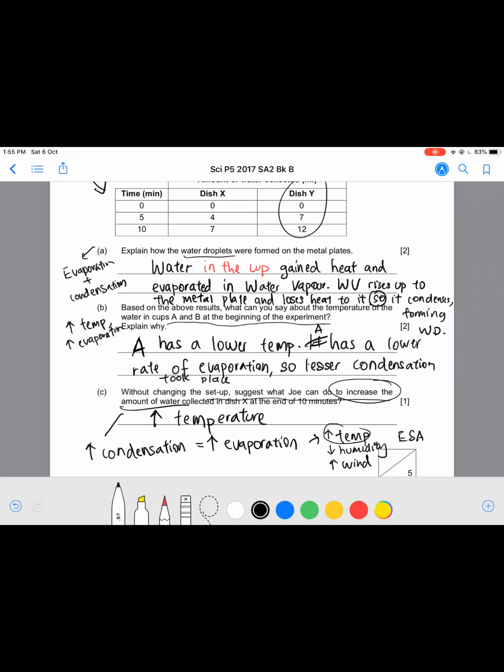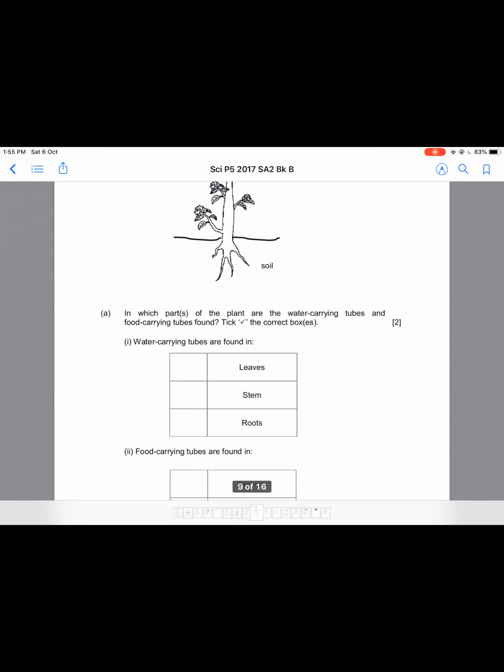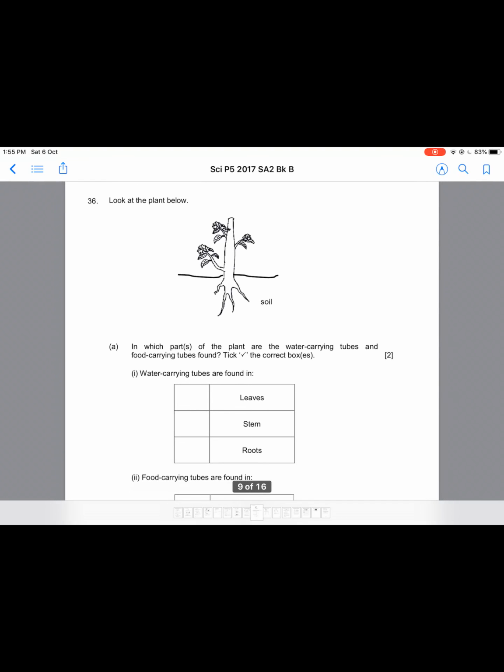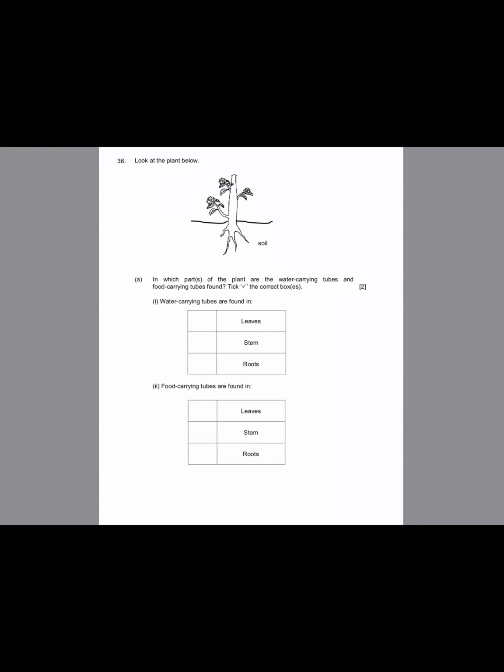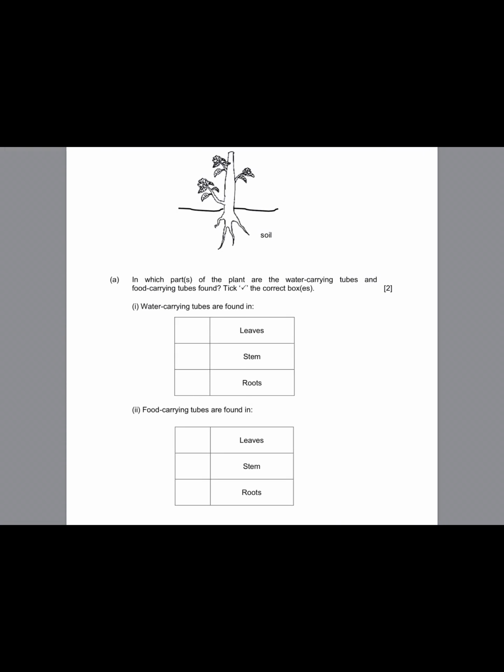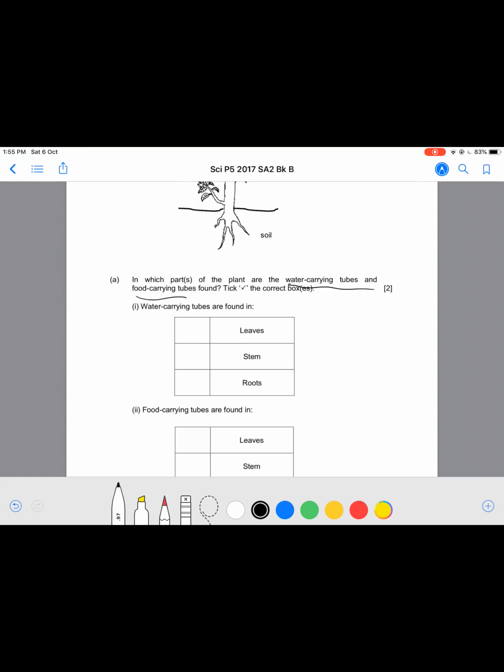Alright, okay, now we move on to the last question for today in this video, and it will be this one. Look at the plant below. Which parts are water carrying and which parts are food carrying tubes? Now you know that all parts of the plant need water, all parts of the plant need food. So which one has all the water carrying and food carrying tubes?